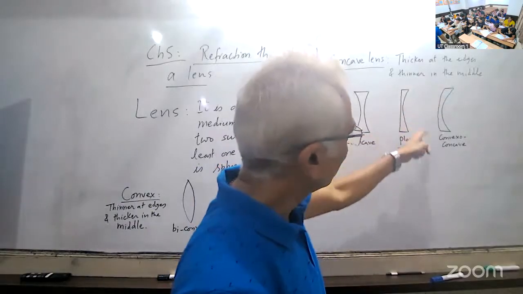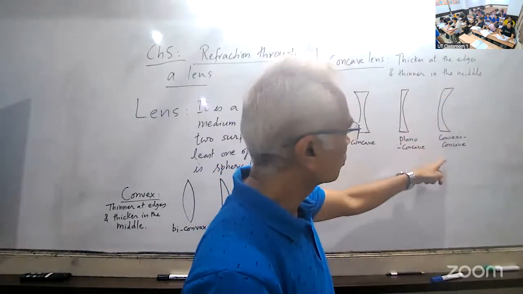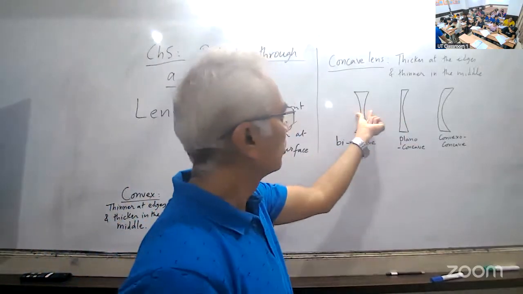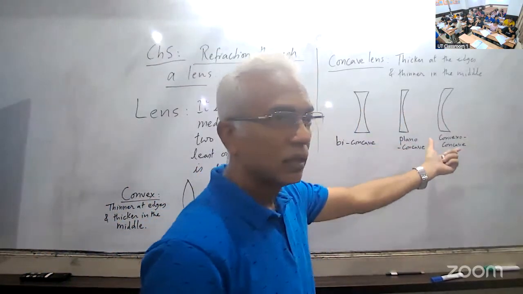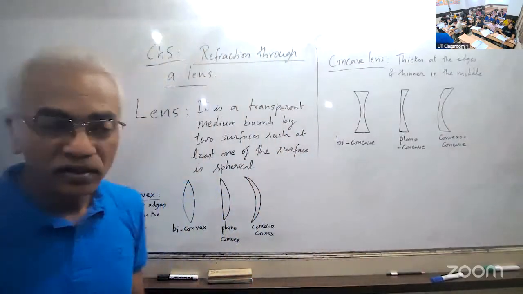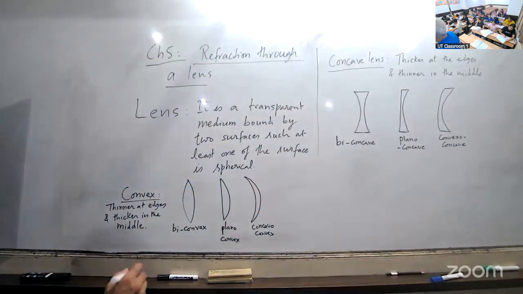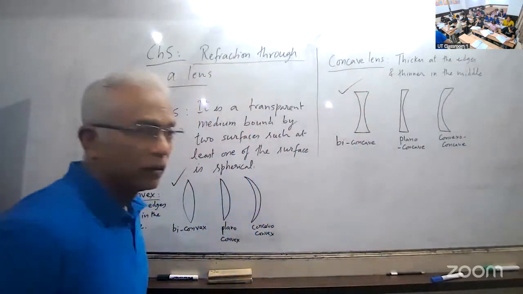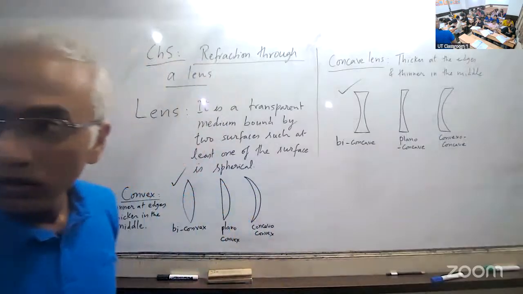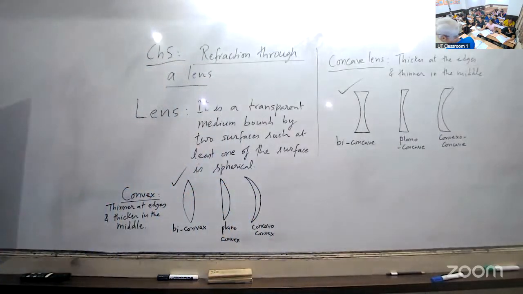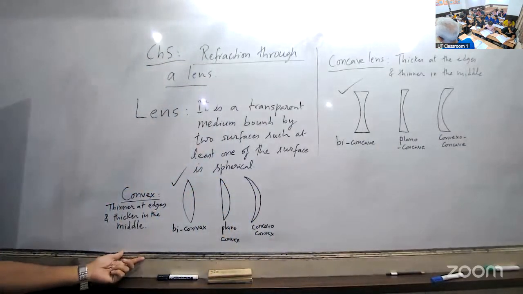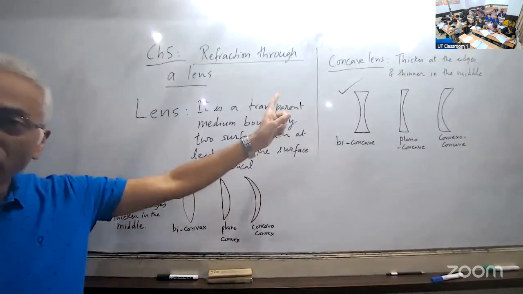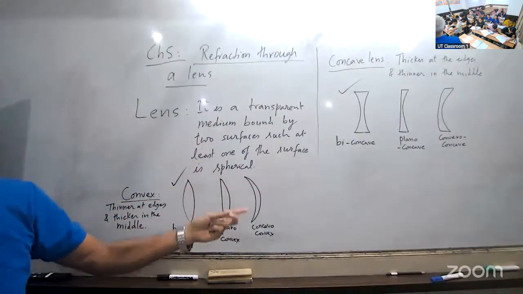This is one convex and one concave, but primarily it is concave because it is thinner in the middle and thicker at the edges. You have to study about these two, not the rest. Whenever I say convex lens and concave lens, it means biconvex and biconcave with equal curvature on both sides, so it is symmetric.